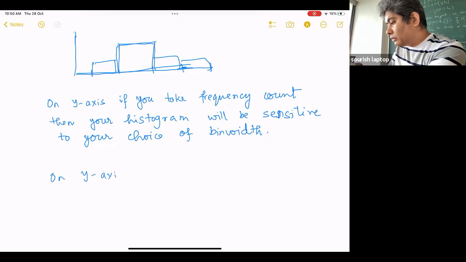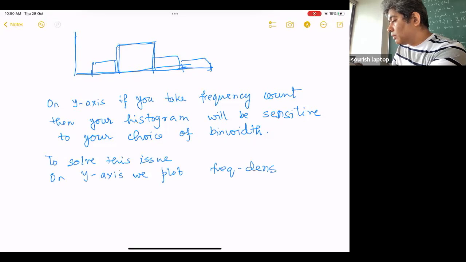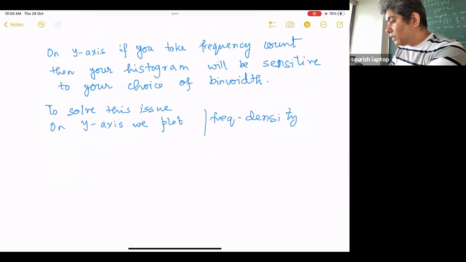To solve this sensitivity issue, on the y-axis, we plot frequency density. So what is frequency density? I will define it right away.